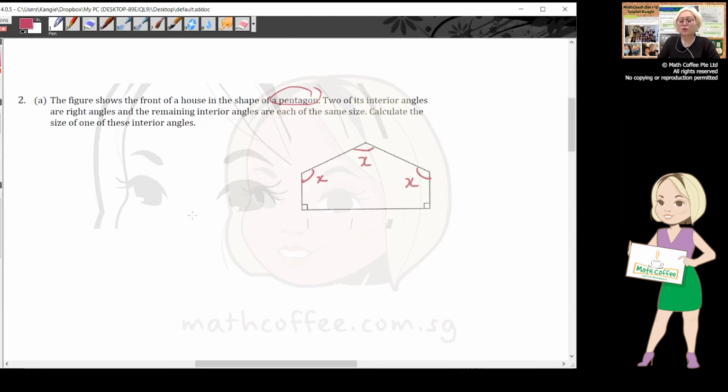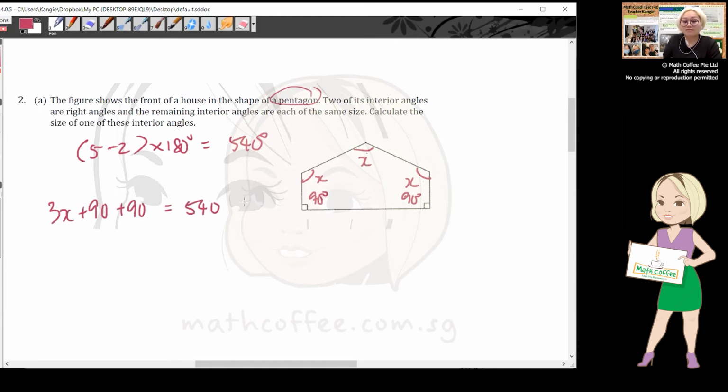Because we're talking about interior angles, we use the formula again. I think by now we already know what's the number, 540, right? So it's 5 minus 2 times 180 degrees, so it's 540 degrees. So all 5 angles add up together to give me 540. So you will say this is 90, because it's a right angle. So we have 3x, so you will say 3x plus 90 plus 90 equals 540.